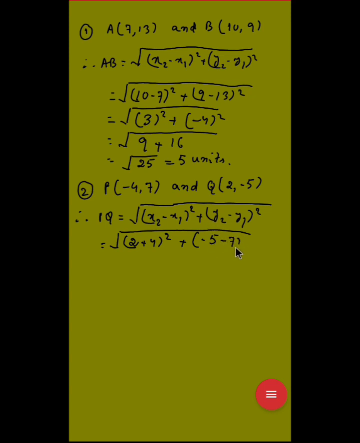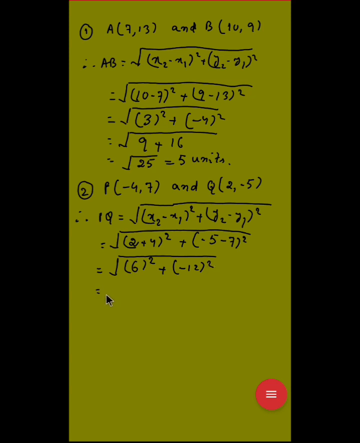So I have written all the things and made a square over here. So 2 plus 4 gives 6, so we are having 6 square plus minus 5 minus 7 gives minus 12 whole square.